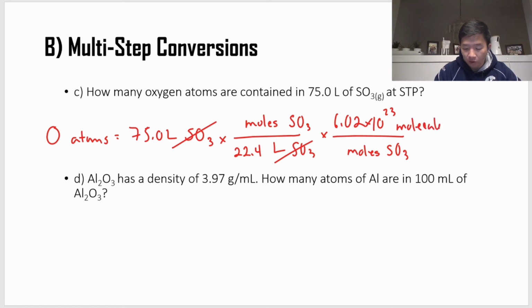It is molecules because this is representing SO3. Since the question asked me for oxygen, if I have one SO3, I have 1 S and 3 oxygen. So I can just multiply by 3 oxygen for every 1 molecule.